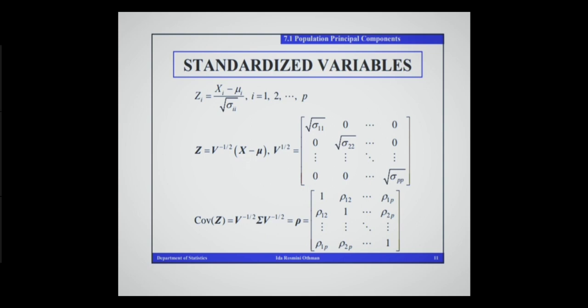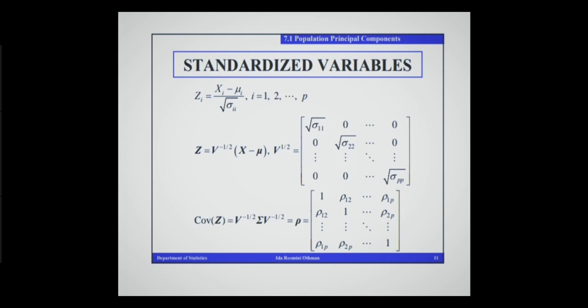So V, if you can remember, V is the diagonal matrix of variance. Right? Diagonal matrix of variance. Okay, so because of that, for the square root of V here, the main diagonal will be all the square root of the variance of the variable.